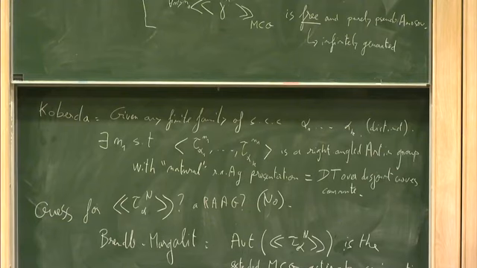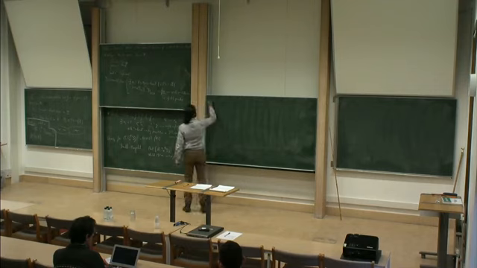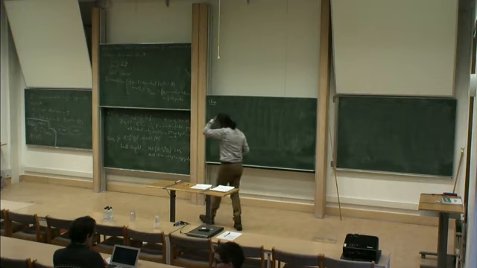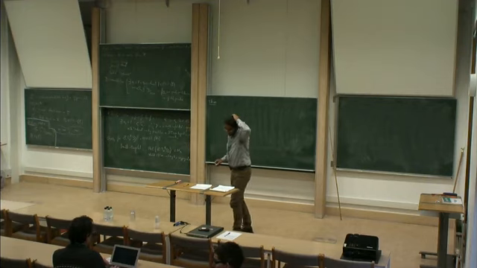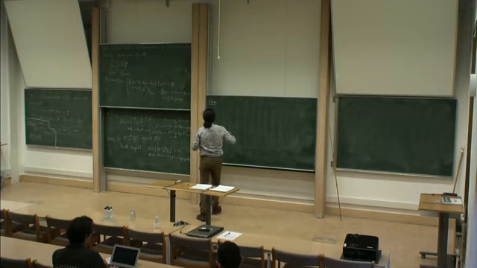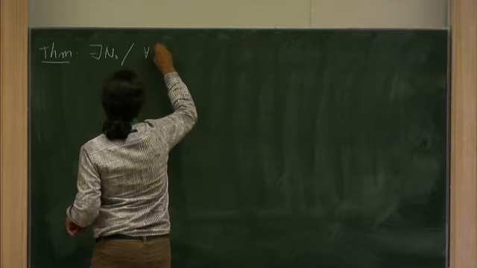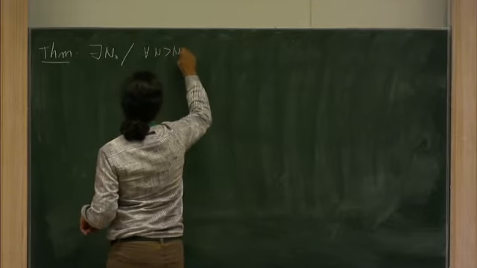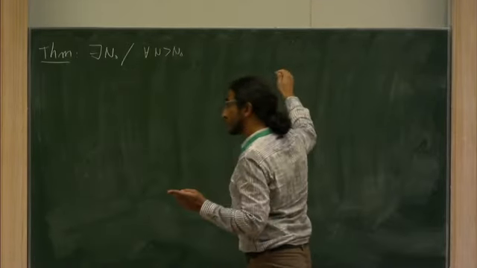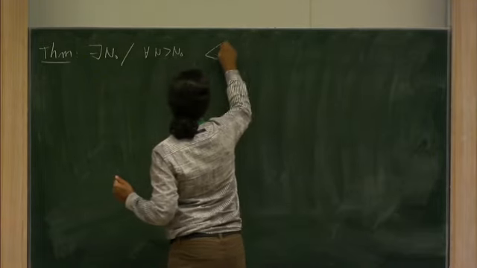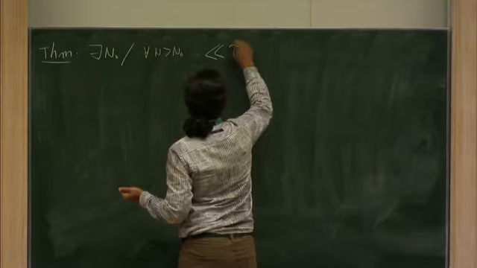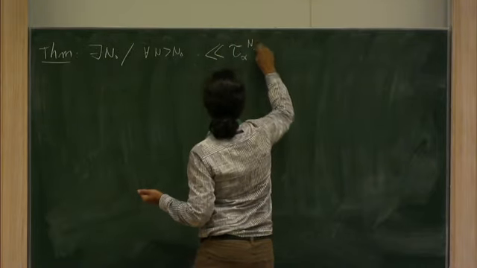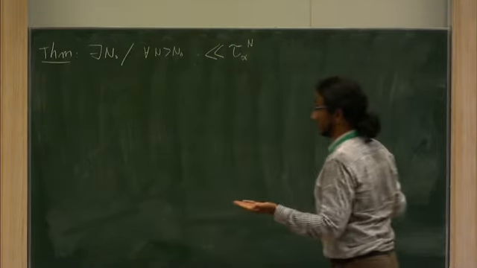So what's the result? Statement, so theorem, say. There exists n0 such that for all n larger than n0, the normal closure of tau alpha to the n, sorry, I did not reintroduce the notations.